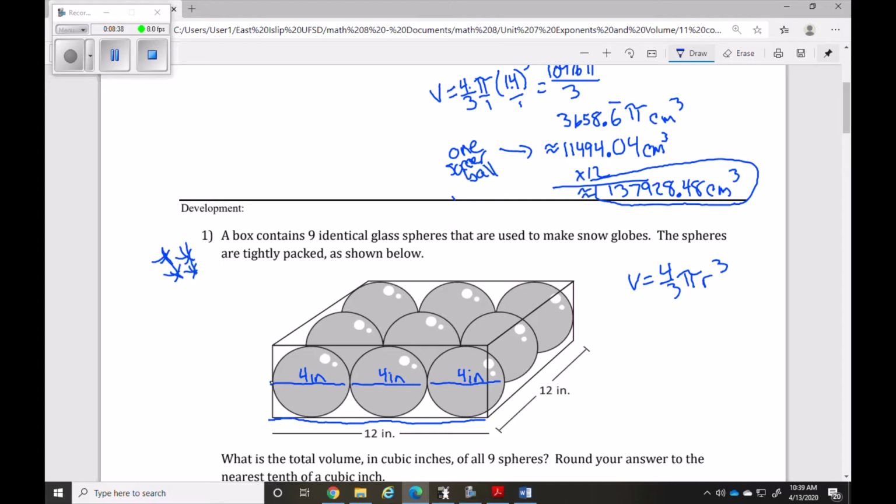Now notice I drew this line going all the way across the sphere, which means that the diameter of one sphere is 4 inches. Therefore, the radius of one sphere is 2 inches. So when I use this formula, I definitely want to plug a 2 in place of the radius. Now this would be for one sphere.